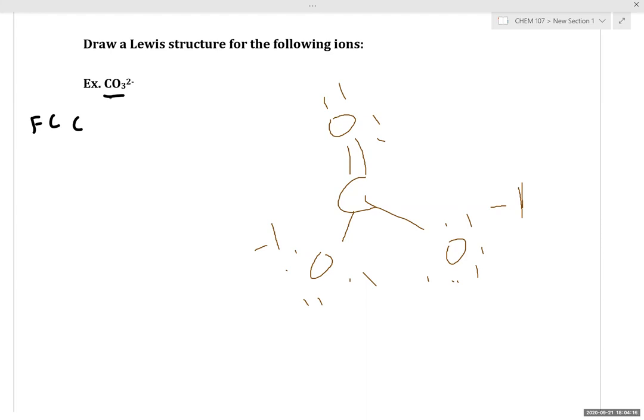So the formal charge assignments that I see for each atom in carbonate look great so far. Would anyone else like to propose a Lewis structure for carbonate to continue our discussion?